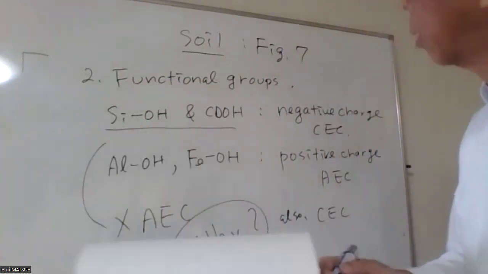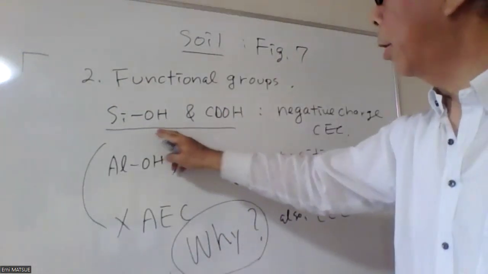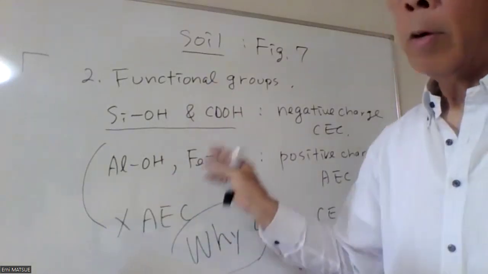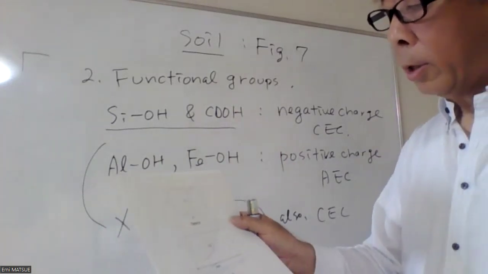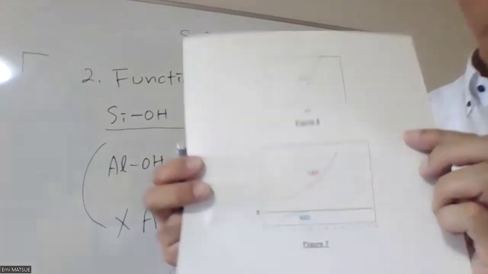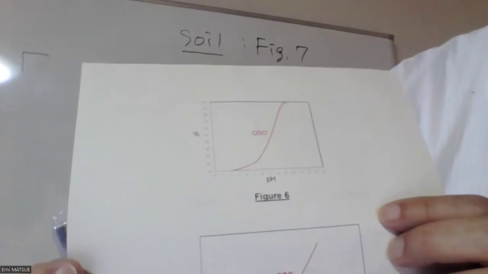Because soil is a mixture of SiOH, COOH, AlOH, FeOH, and also 2-to-1 type layer silicate, CEC increases with increasing pH.